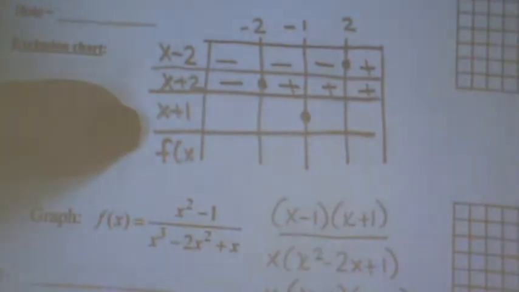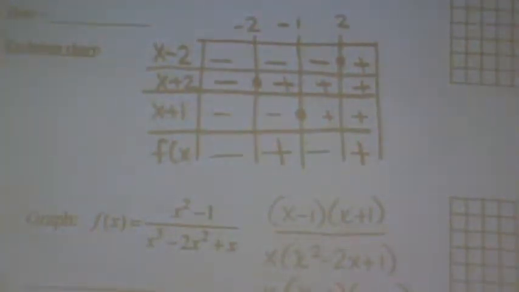And x plus 1, -1, or I'm sorry, so this should be -1. I just wrote that wrong. -1, and then these will be negative, and that'll be positive. Now you count. You have an odd number of negatives, so this is going to be negative, positive, negative, positive. Questions?